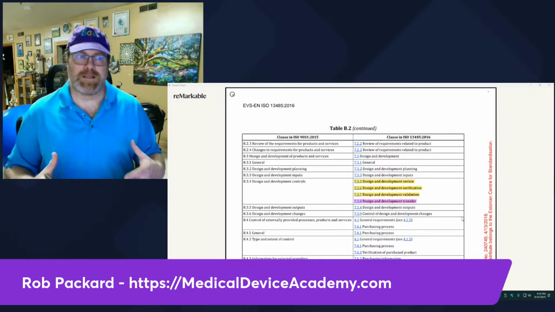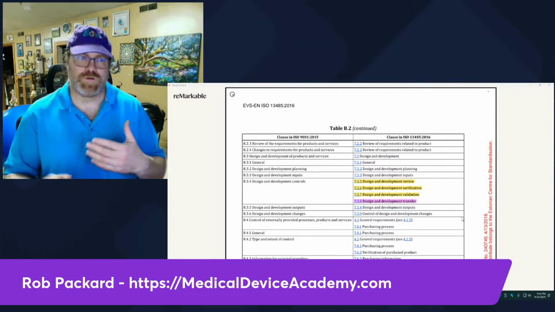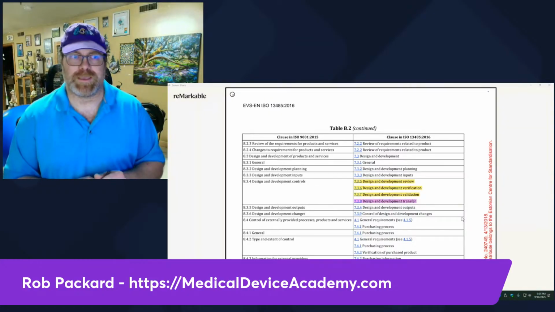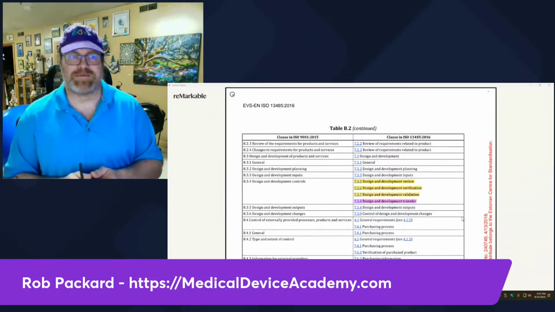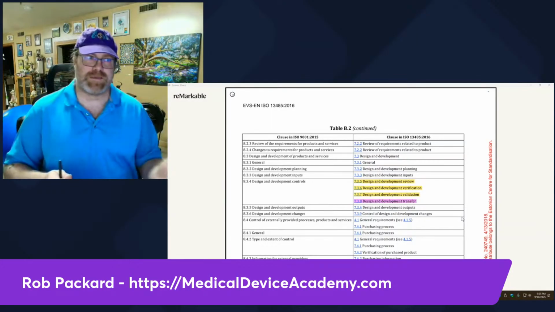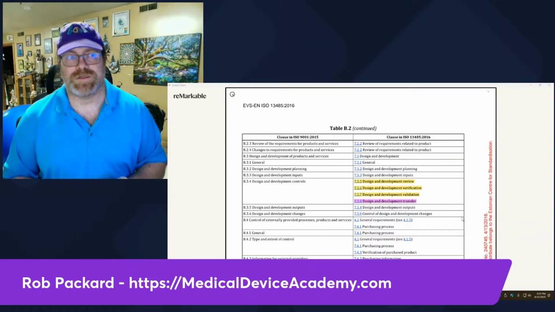So the basic concepts of waterfall are the same, but when they revised things again in 2015, they took out some of the same wording, so they don't match up so similarly anymore. So there are different things that they added in 2016 to the 13485. They took things out of 9001, and it made them a lot different in terms of design controls.